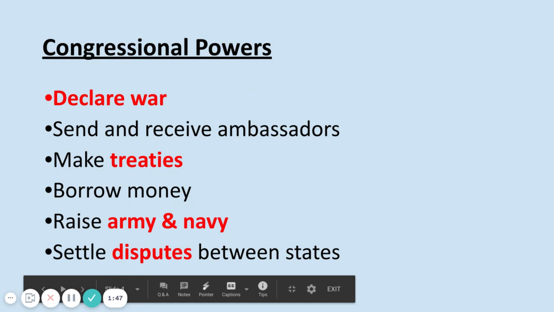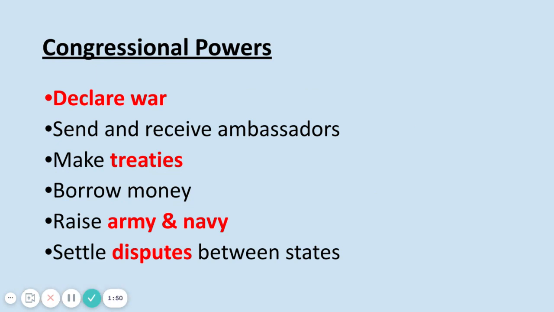These are the powers that the Articles gave: Congress could declare war. They could send and receive ambassadors. This probably really wasn't a major factor at this point in history because we really only worked with a handful of countries. They had the power to create treaties, whether with the Native Americans or with a country outside of the United States.